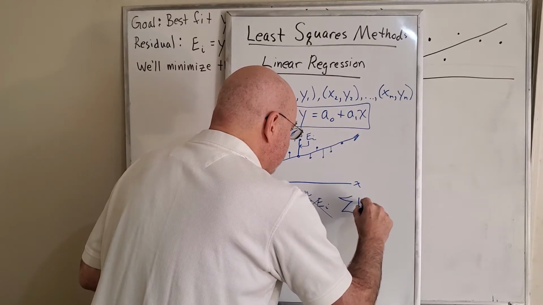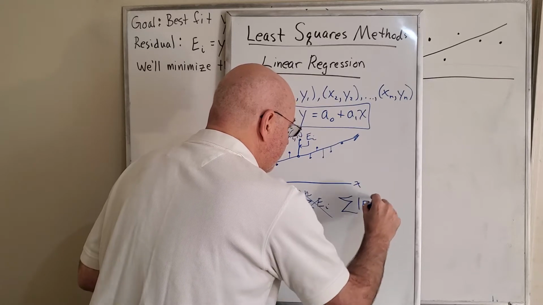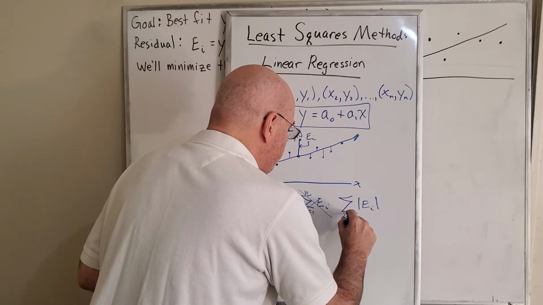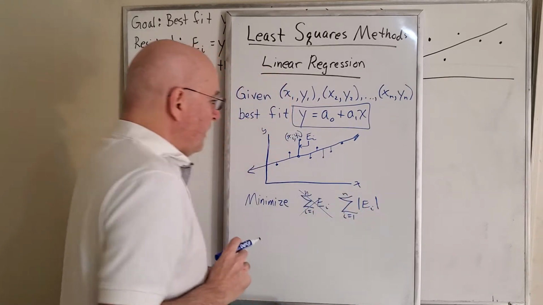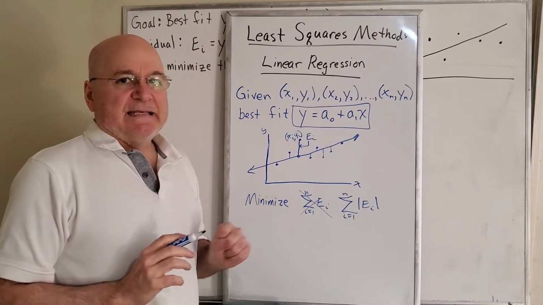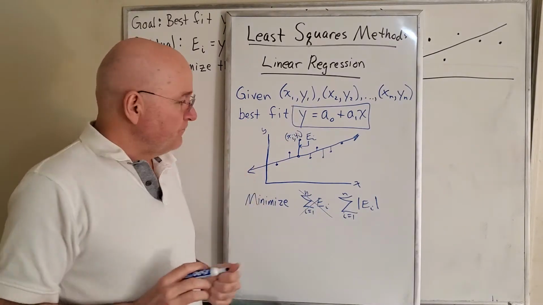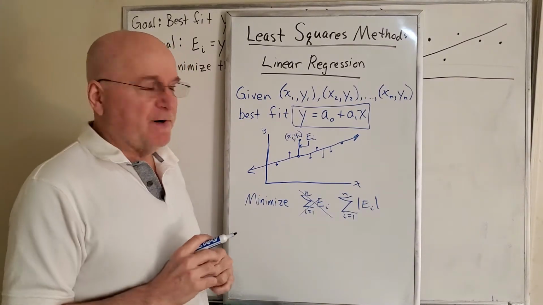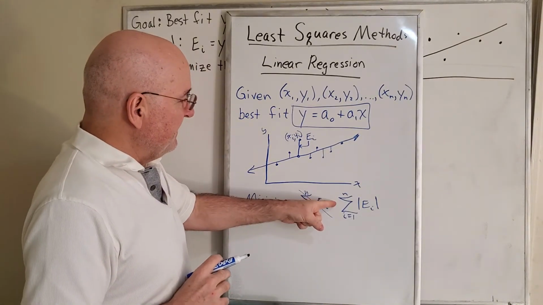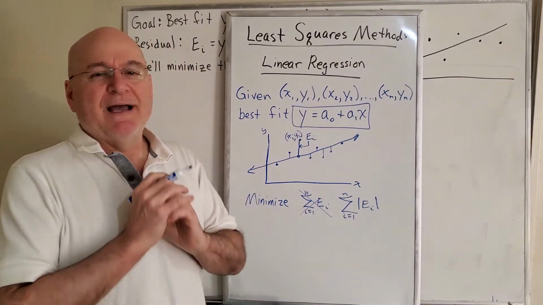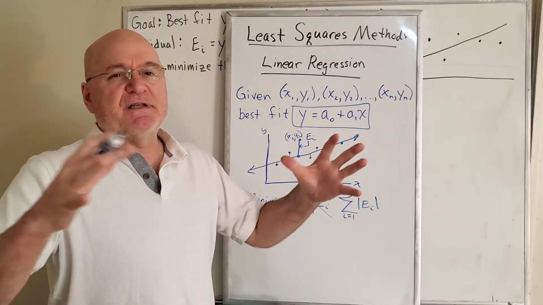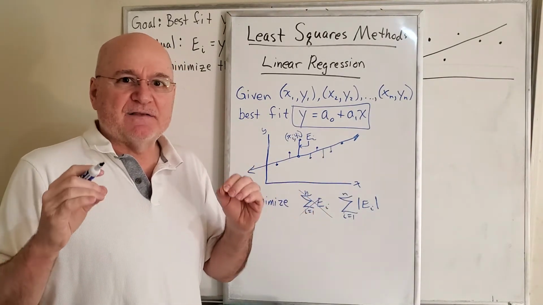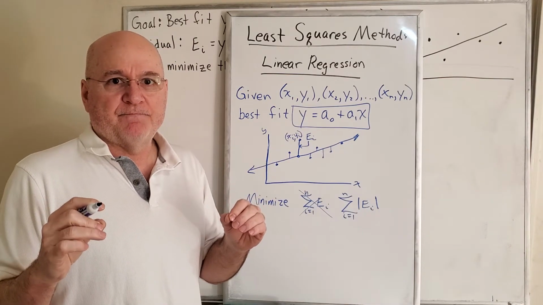So how about if we take the absolute values of all of them? Well, you can easily show, just through some examples with a small number of points, you could convince yourself that this will still give you possibly an infinite number of lines that have exactly the same residual error.